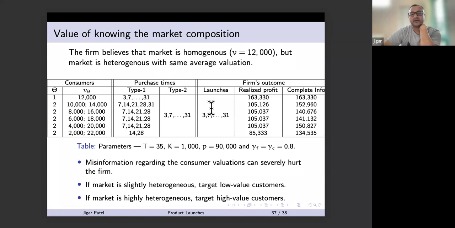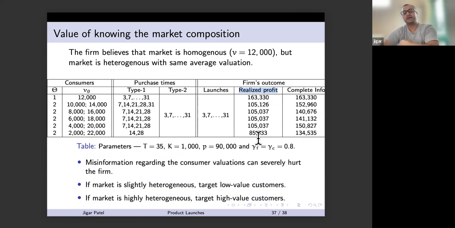So that's where we compare how important it is to know the composition of the market: profit with complete information and the realized profit. Complete information is where you know the composition of the market, and realized profit is where you don't. There can be significant differences between these two columns.